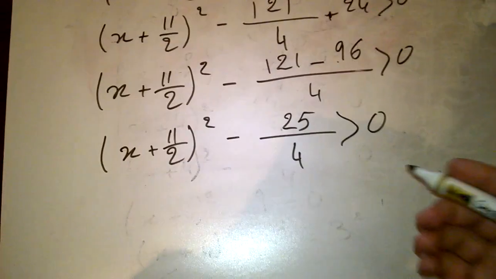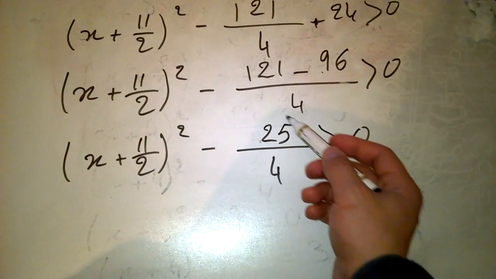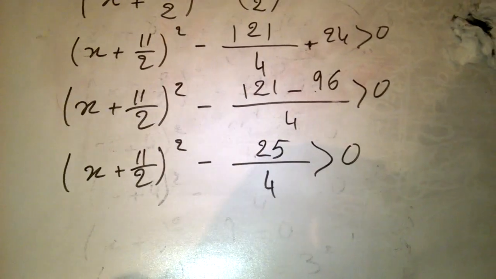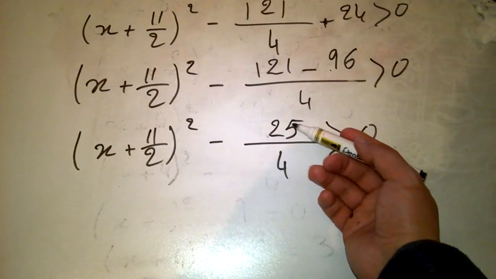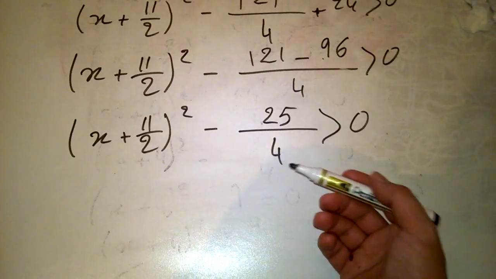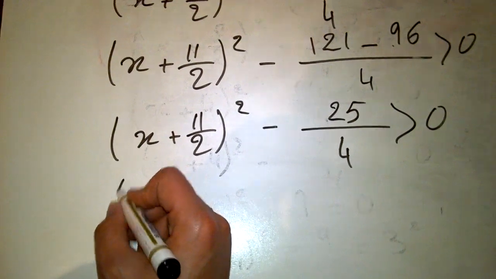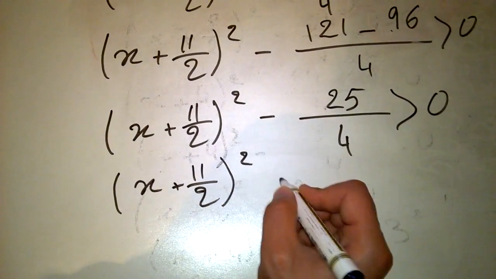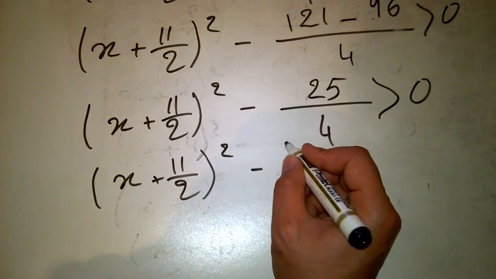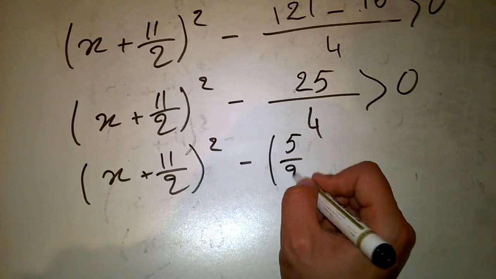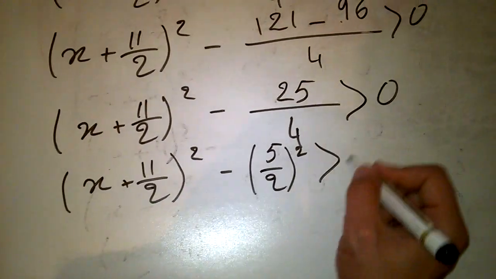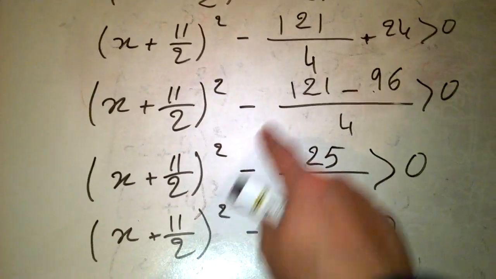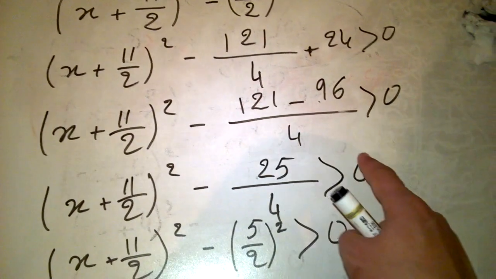Usually the thing that we get here is something squared divided by something squared. It's 90%, yeah. So like here it's 5 squared over 2 squared, right? So I'm going to do it: x plus 11 over 2 all squared minus 5 over 2 squared greater than 0. You see, nearly always we get the minus if you add both together.